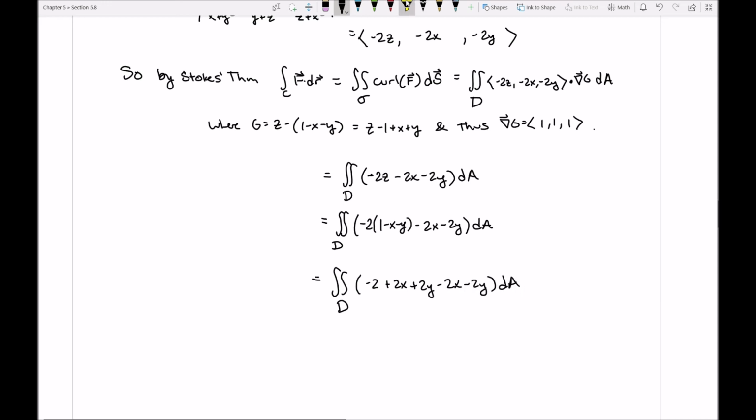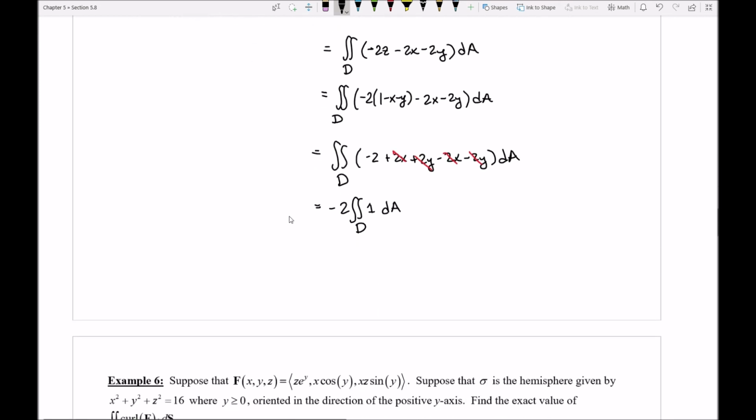What that implies is that my 2x's are going to cancel out, so are my 2y's, and I'm really just going to be left with an integral that looks like negative 2 times the double integral of 1 dA. And again, that represents the area of the region D.